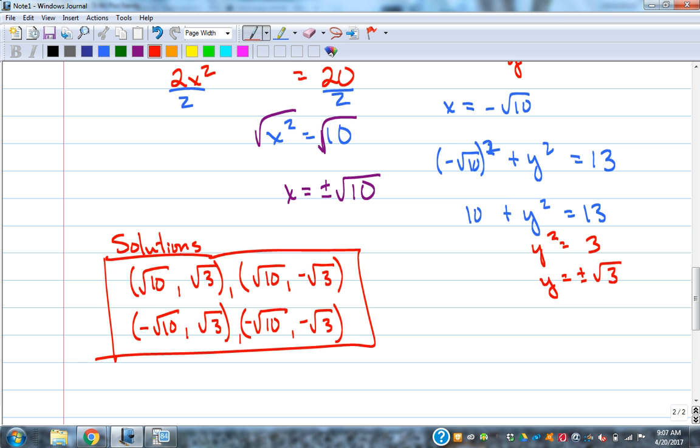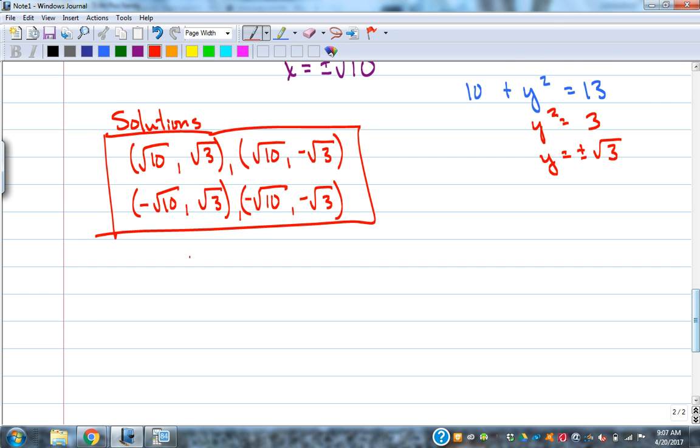If I wanted to check this with graphing, one thing that I've got to do is look at these equations and get y by itself, which is not as nice as it was on the first example. Because to get this one with y by itself, I subtract x squared, and that gives me y squared equals negative x squared plus 13. But to get y by itself, what do I have to do?